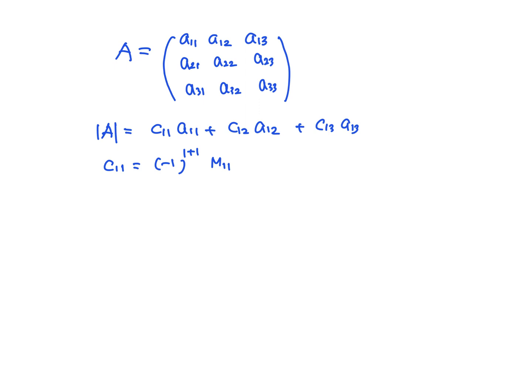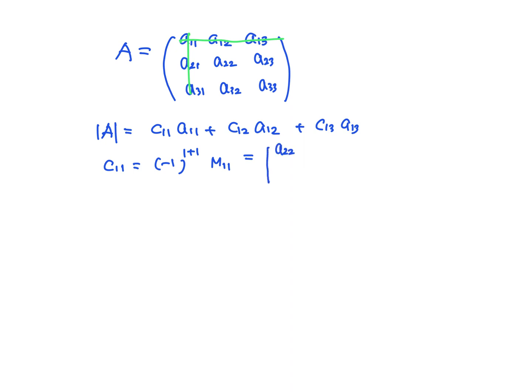M11 is called a minor, and the definition of a minor is the determinant of a submatrix which is obtained by deleting the first row and first column. So that is a useful definition if you can remember that. So if you delete this and this, you end up with minus 1 to the 1 plus 1, which is equal to 1, right? It's basically minus 1 to the 2, so it is 1.